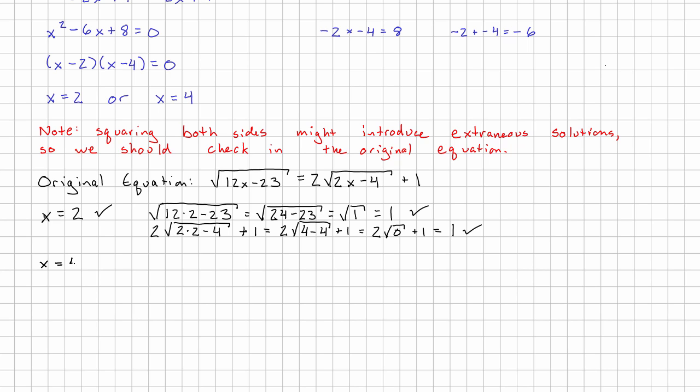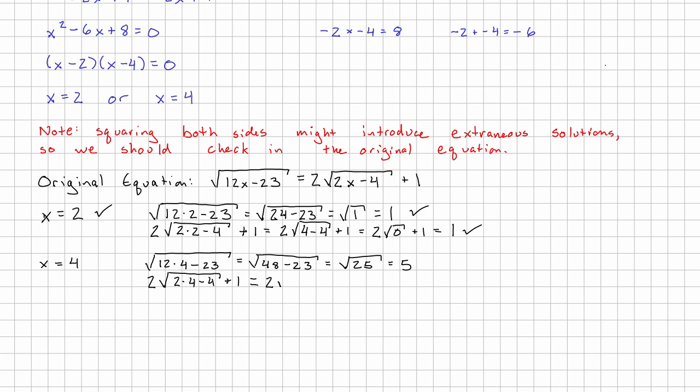Plugging in x equals 4, we have square root 12 times 4 minus 23. That'll be the square root 48 minus 23. That's square root 25. Square root 25 is 5. For the right-hand side, we have 2 times the square root 2 times 4 minus 4 plus 1.